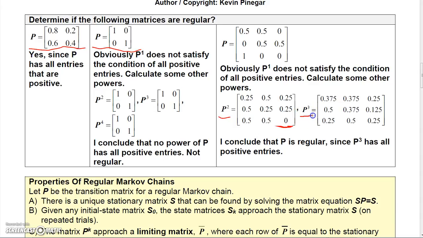But if you get it to the cube power, now you've got all entries that are positive. So in this case, P is regular since a power of P has all positive entries. So it's not just that P itself has to be positive, as long as some power of P is positive, then we can say that P is regular.